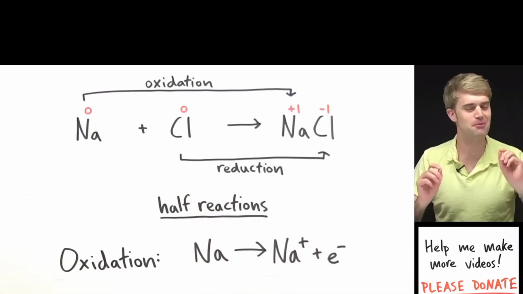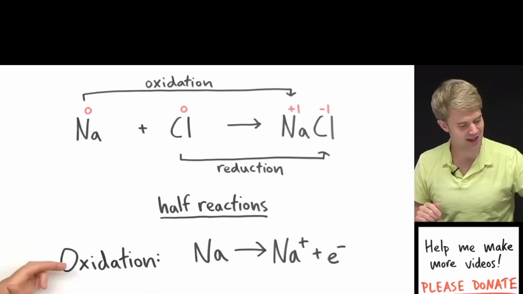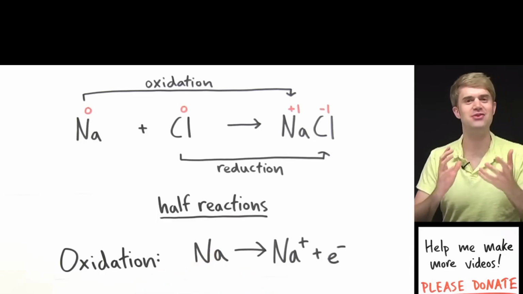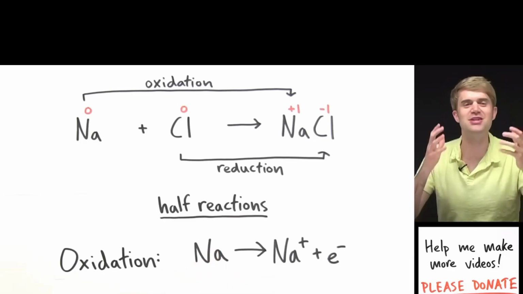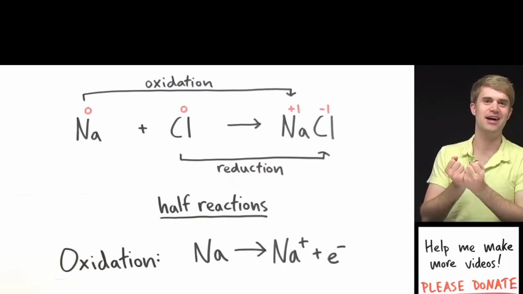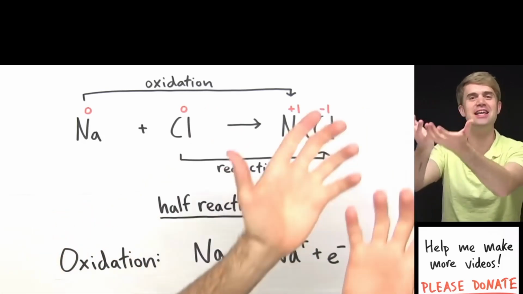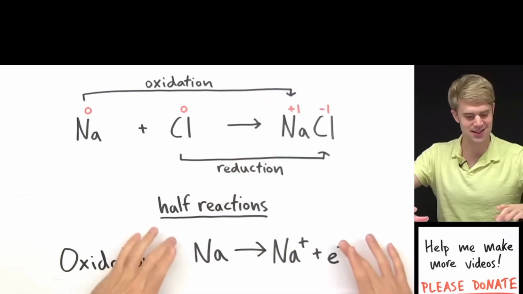Now, it's super important to keep in mind that oxidation and reduction always have to happen together. They always have to happen at the same time. Because if one atom is gaining an electron, that electron had to come from somewhere. So another atom had to give up that electron. You can see that right here.